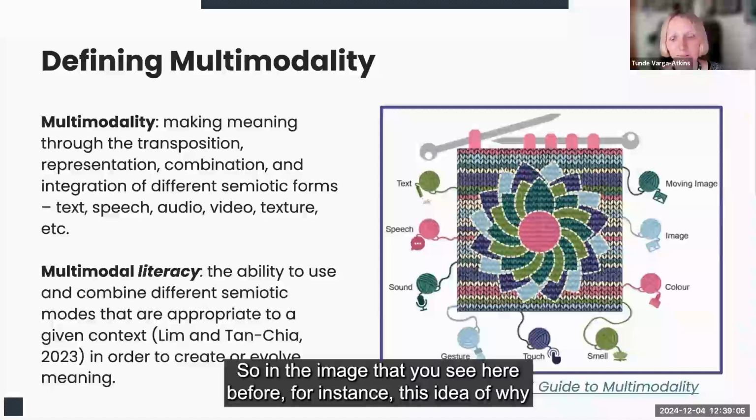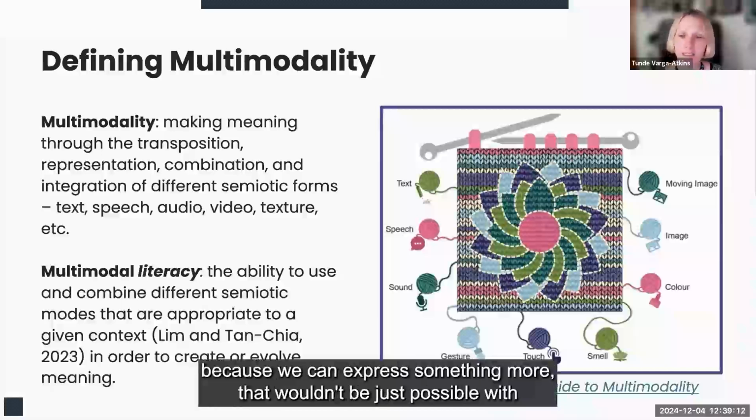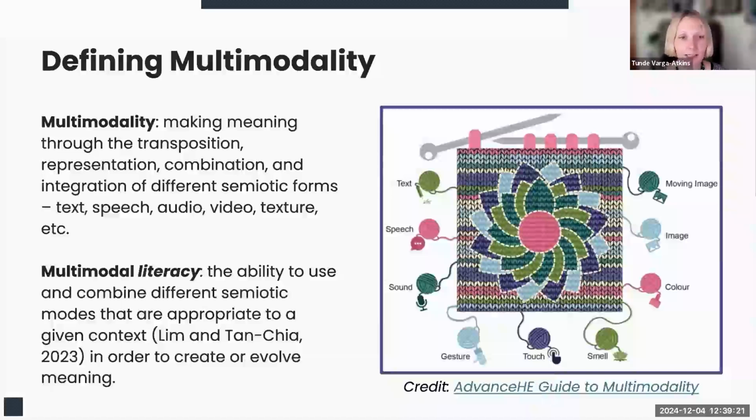So in the image that you see here, this is why we might want to do it in a learning context, because we can express something more that wouldn't be possible with just one of the modes of communication without the other.